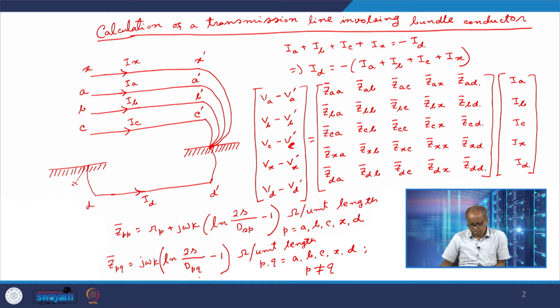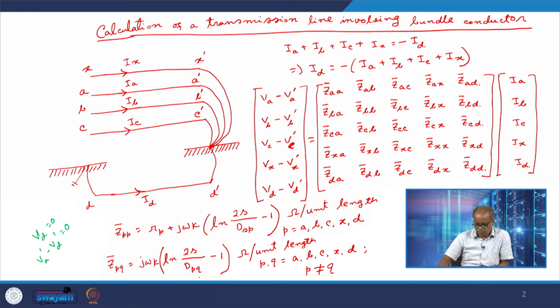Now from these two equations I can write down the following. Here, of course, I know that Vd is equal to 0, and Va dash minus Vd dash is equal to 0. Basically Va dash, Vb dash, Vc dash, Vx dash as well as Vd dash are all connected to the same point, so these quantities are all equal to each other.